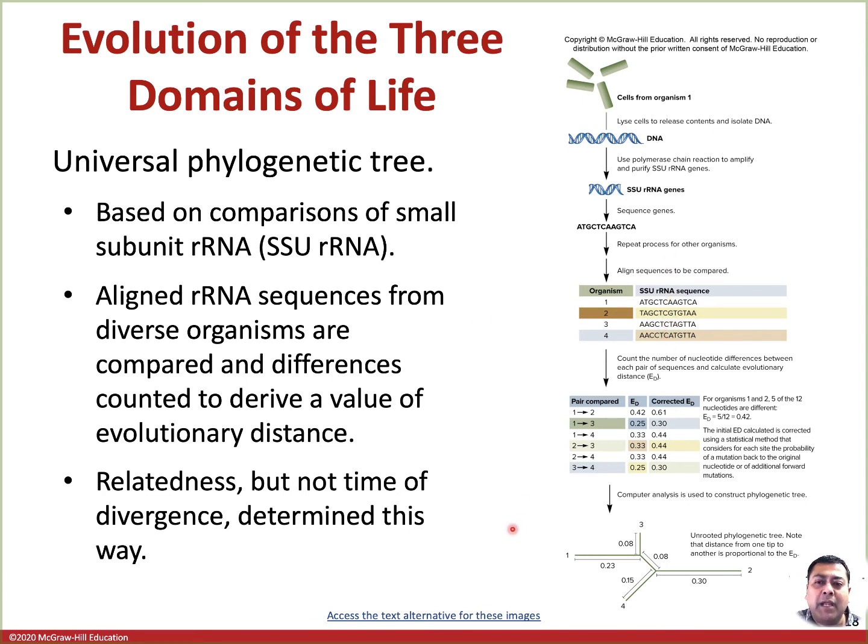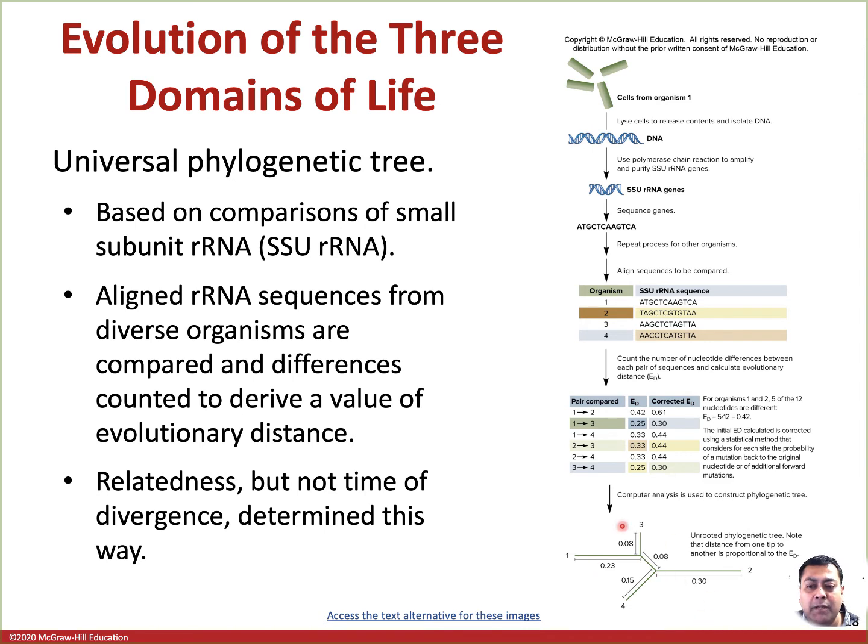When we look at the different distances, we find that between 1 and 2 there is about 0.61 corrected evolutionary distance. Between 1 and 3, it's 0.30. 1 and 4, 0.44. Between 2 and 3, 0.44, same. 2 and 4, 0.44. 3 and 4 is 0.30. So from these initial evolutionary distances, we have calculated these corrected evolutionary distances.